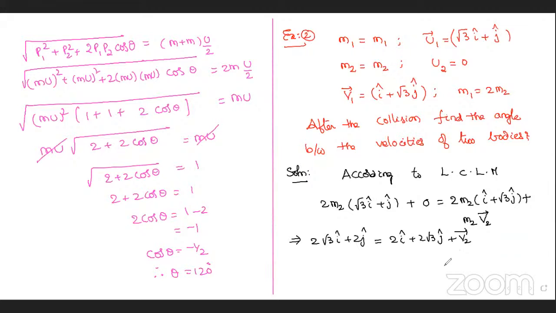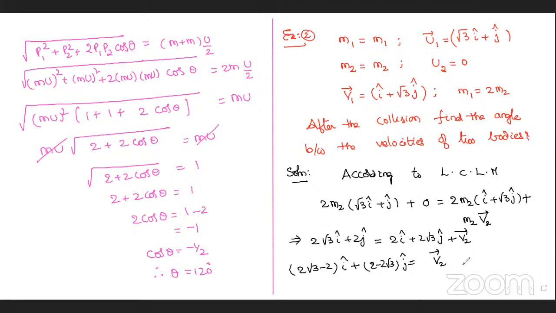No, we need V2. V2 bar we don't know. So better we bring everything to the left hand side. So I cap components are 2 root 3 minus 2, correct? Plus 2 minus 2 root 3 into J cap. Is it correct? Yes, till here.